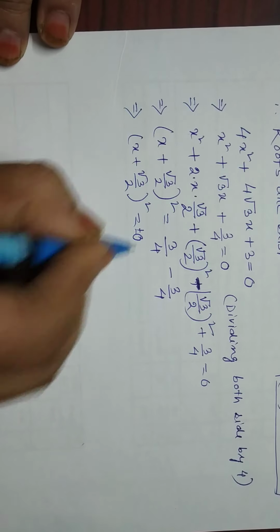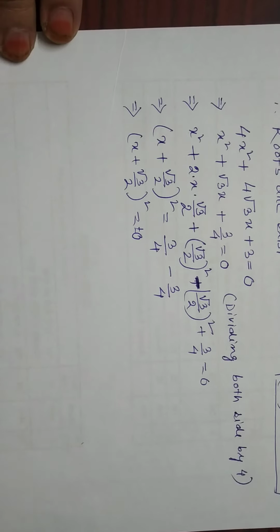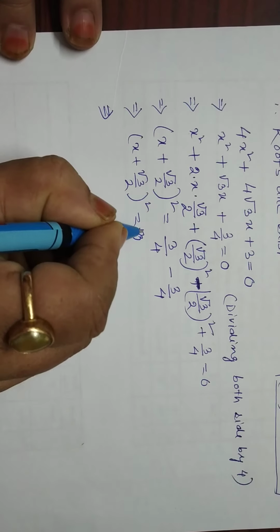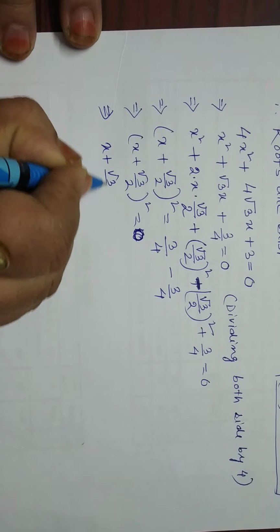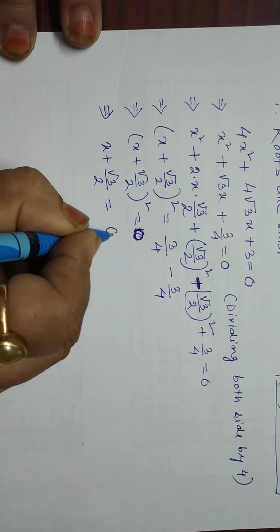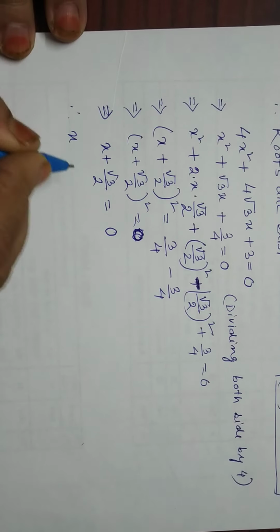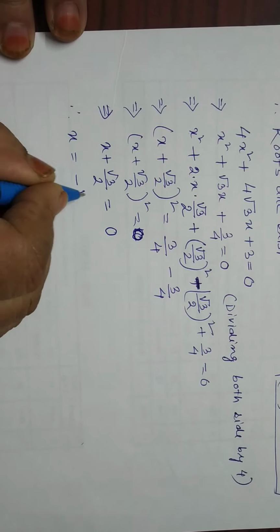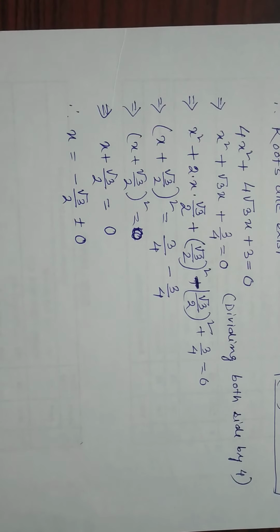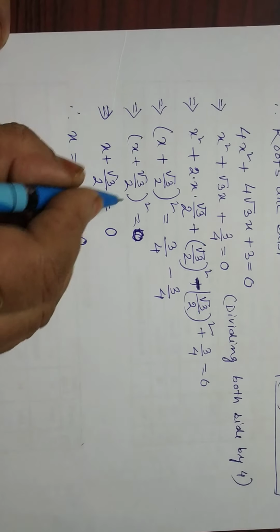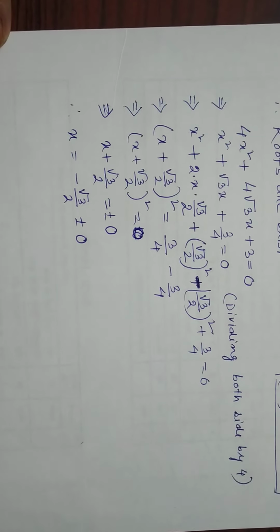This means the square root is plus or minus 0, but 0 is never negative and never positive. So x + √3/2 is equal to 0. Therefore x is equal to −√3/2. We add the plus or minus 0 because when taking the square root, it will be plus or minus 0.